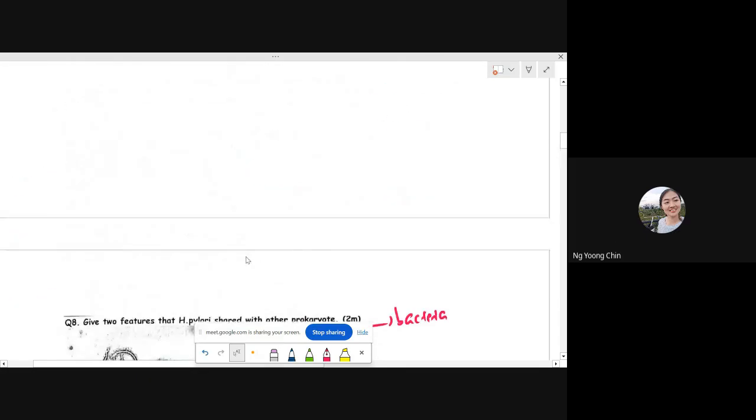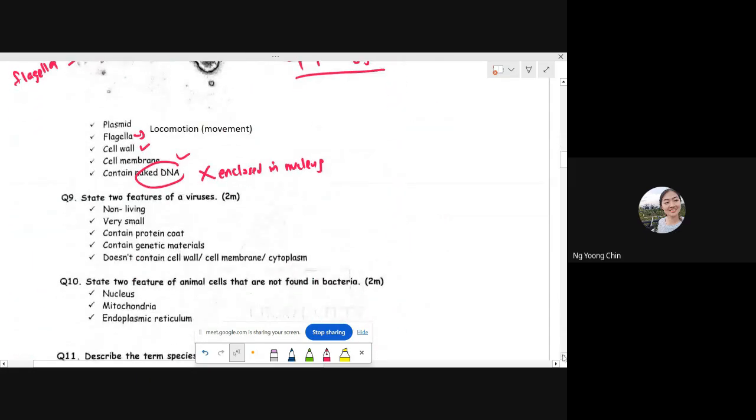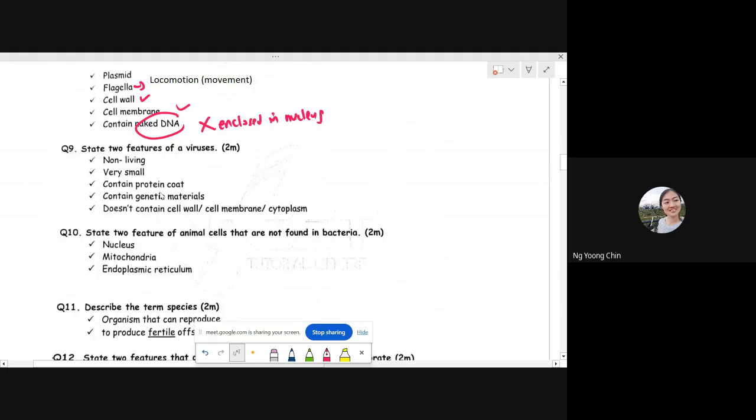So now we talk about the virus. You should know that virus is a non-living organism, and virus is very, very small. It is much smaller than the prokaryote and also the eukaryote cell.